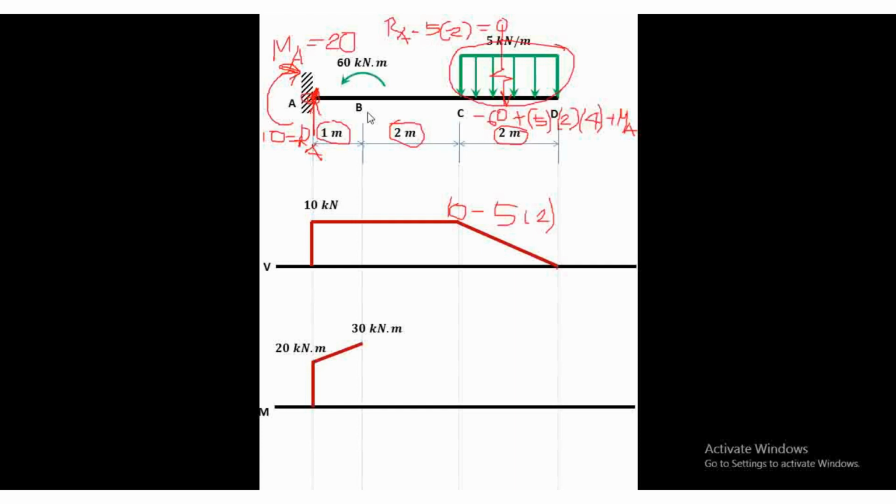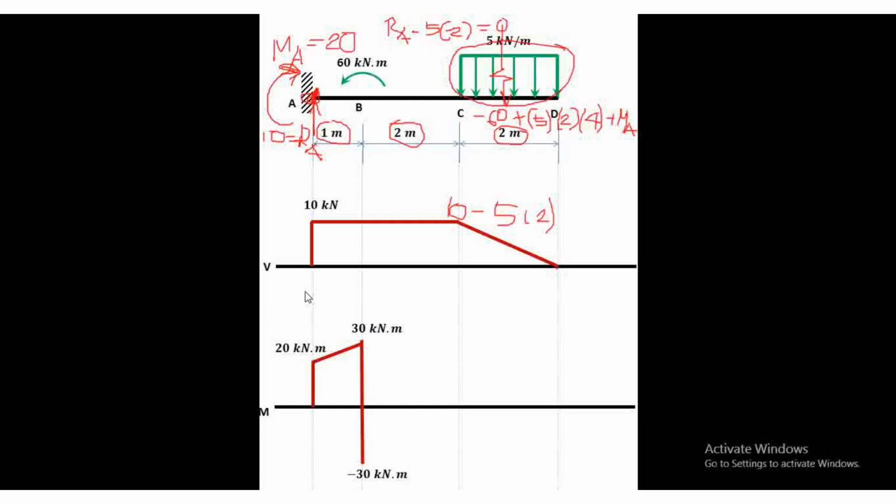Then, at point B, merong counterclockwise na 60 kilonewton meter. Again, pag sinabing counterclockwise, pagdating sa moment diagram, that is downwards. So, 30 minus 60 is negative 30 kilonewton meter.